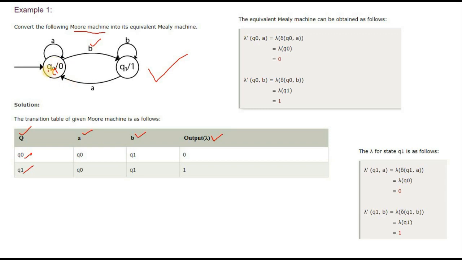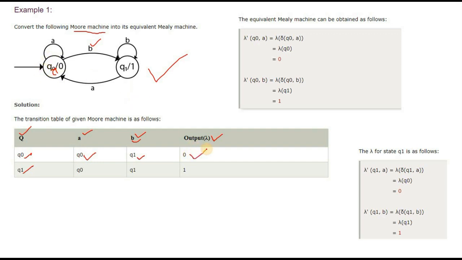You need to identify the incoming and outgoing nodes first. From Q0 to Q1 there is an input B, so that's why you mention Q1 here. Q0 goes to Q0 with input A, so that's why I have mentioned Q0 here. What is the output? The output of Q0 is 0, so I have written 0 here.